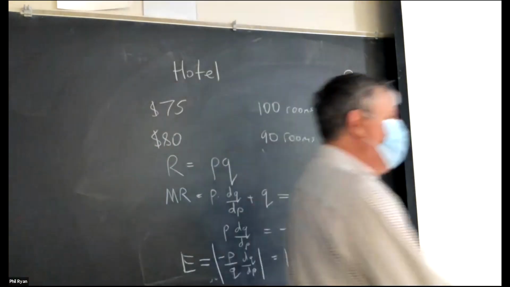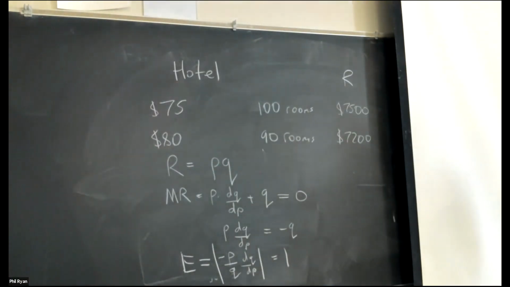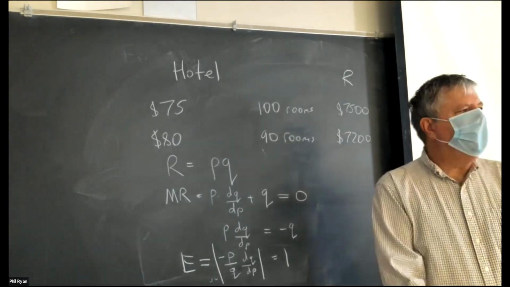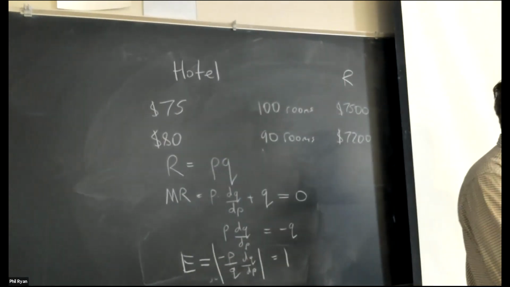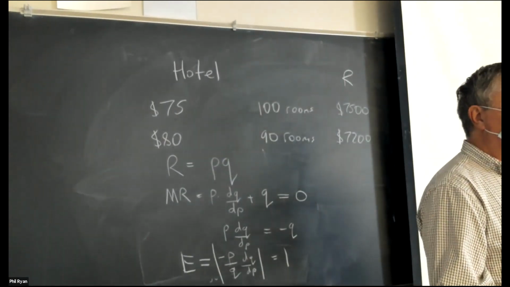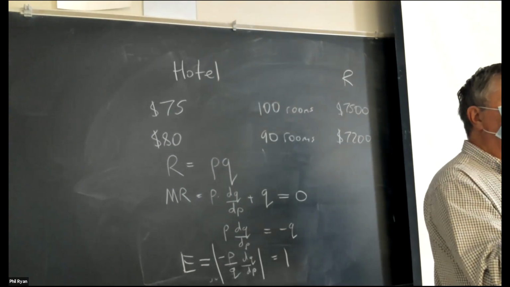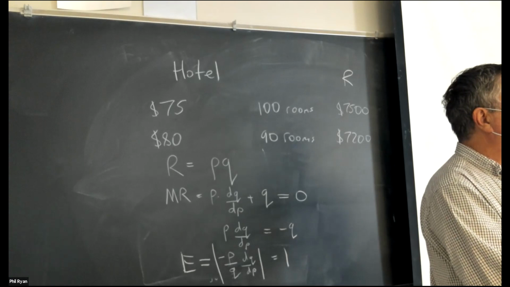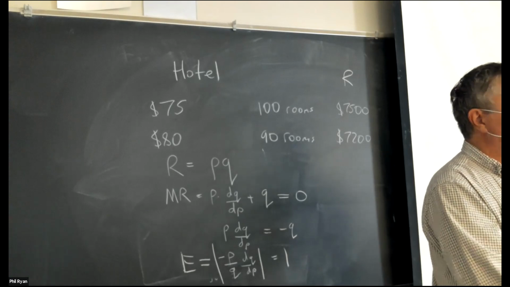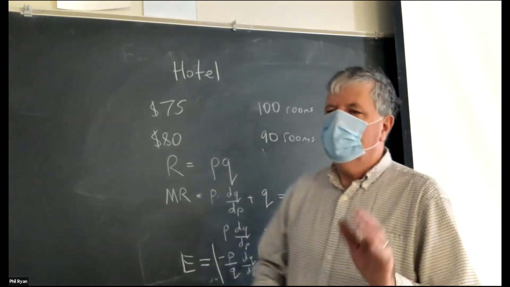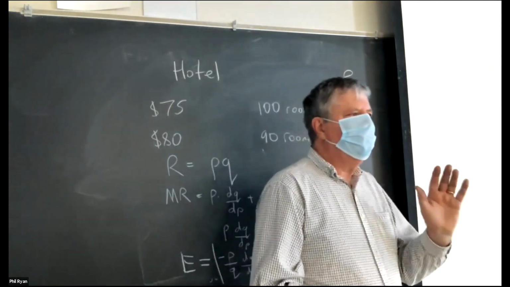So the situation where elasticity equals 1 in magnitude is the critical point of the revenue function. So basically, if you want to maximize your revenue, you increase price until you get to that critical situation of E equals 1. That's if you want to maximize revenue.